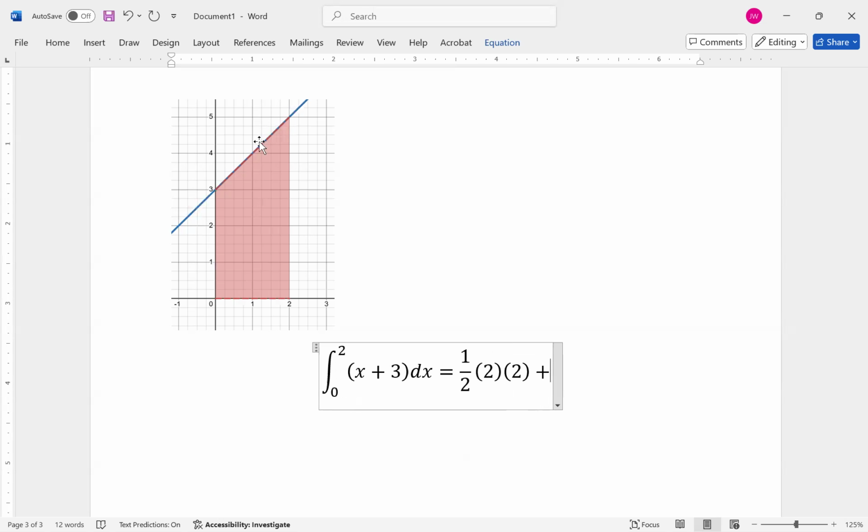And then add the area of that rectangle that I drew. That rectangle would have width of 2, length of 3. Area of a rectangle is width times length. So that's just going to be 2 times 3. And when we add those things together, we're going to get, well, 2 plus 6 is 8.